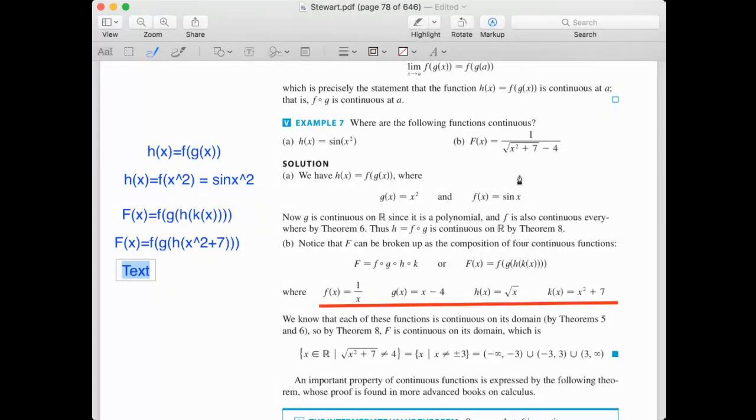What does k do? k says, give me input, I'm going to square it, then add 7. Then the second layer is square root. You give me something, I'm going to take the square root. Then the third layer is, if you give me something, I'm going to subtract 4. Then the last one, if you give me something, I'm going to do 1 over it.